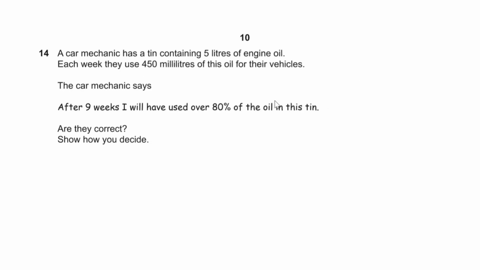Question number 14. A car mechanic has a tin containing 5 litres of engine oil. Each week they use 450 millilitres of this oil for their vehicles. The car mechanic says, after 9 weeks I will have used over 80% of the oil in this tin. Are they correct? Show how you decide.